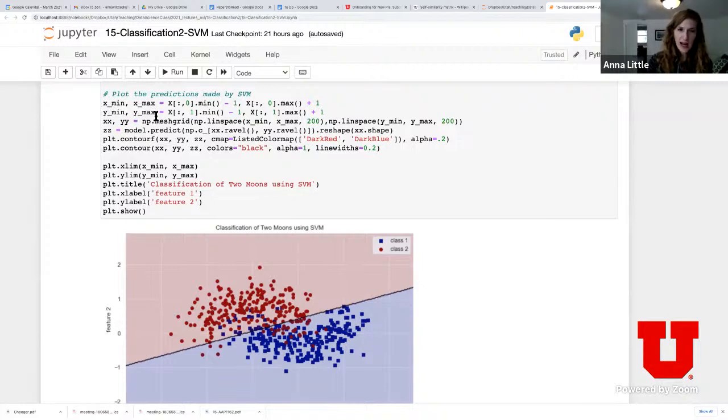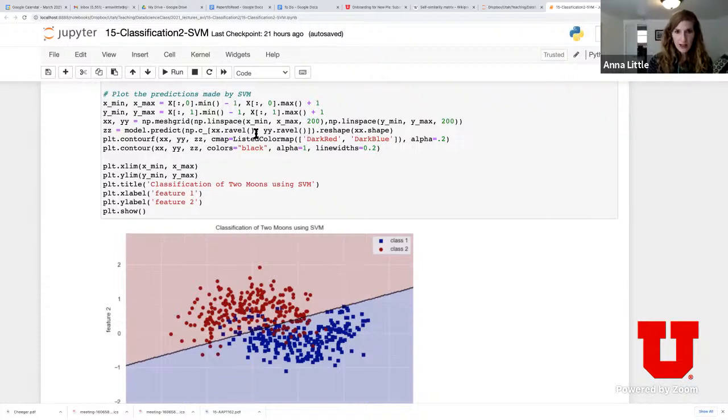Ymin to ymax was perhaps an unfortunate choice of notation because this is not really y, it's not the labels, it's like x2, the second spatial dimension. We define our range of values there, and then make a mesh grid, a lattice of points, and then we apply the model.predict function to all of these points.